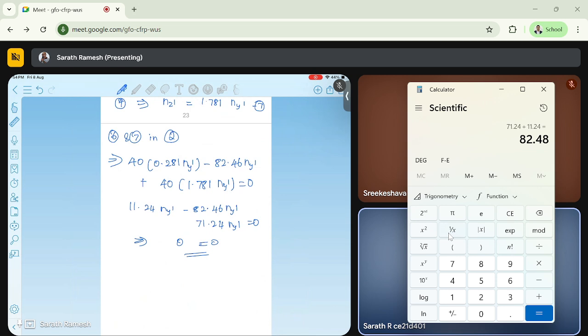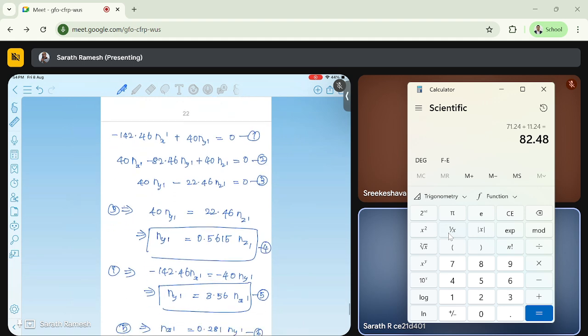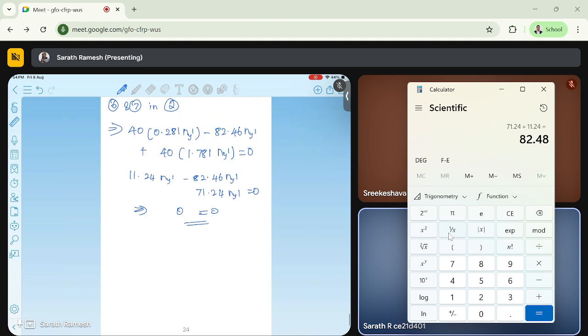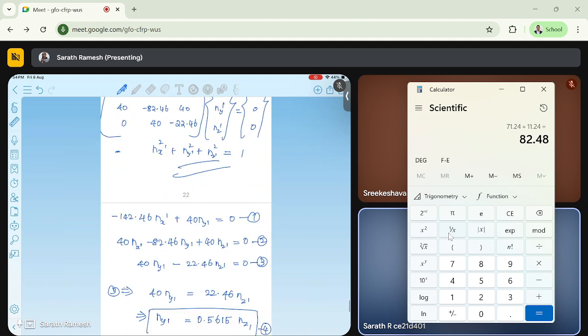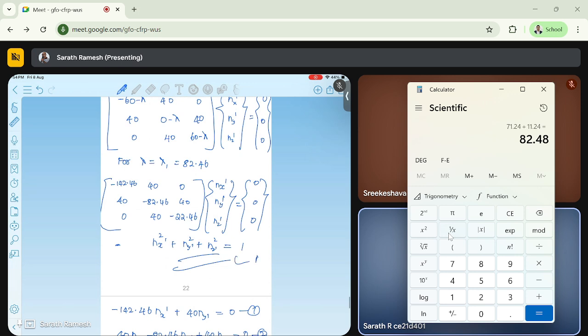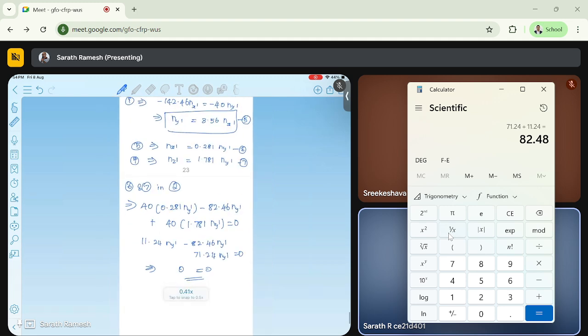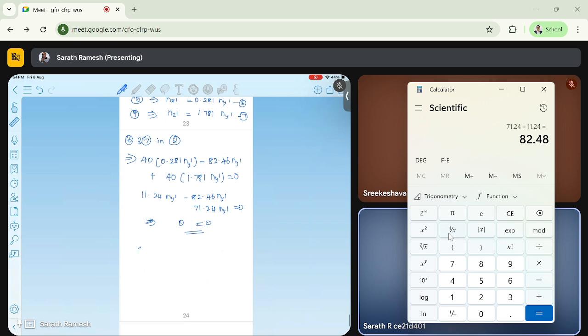So we cannot solve. So what we have to do now is use this condition, nx square plus ny square plus nz square equal to 1, right? So let's substitute there. This is equation A. So substitute my nx and nz, that is equations 6 and 7, in A. That implies nx1 square plus ny1 square plus nz1 square equal to 1, right?